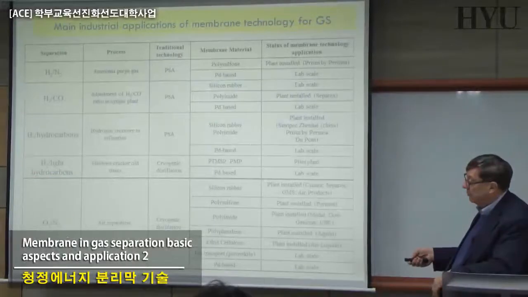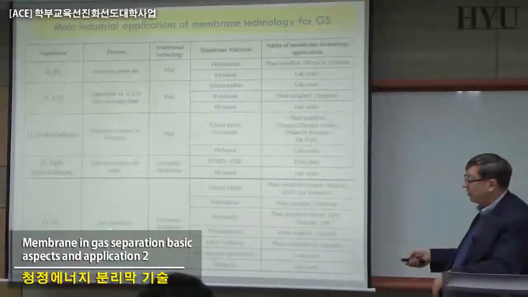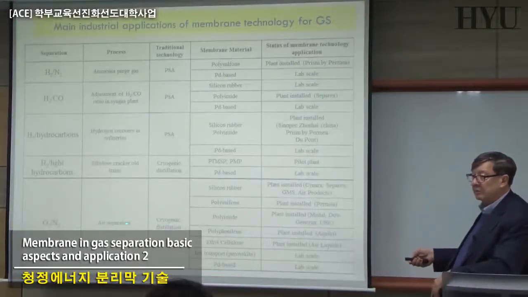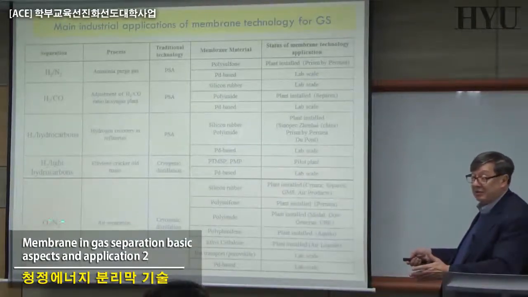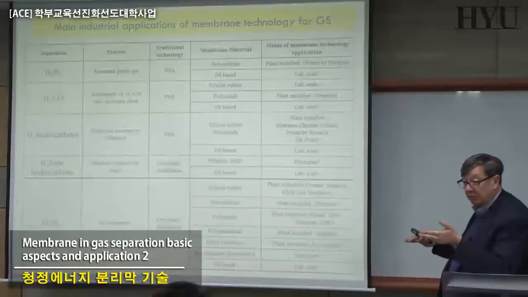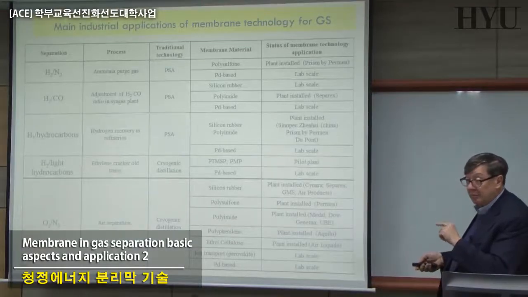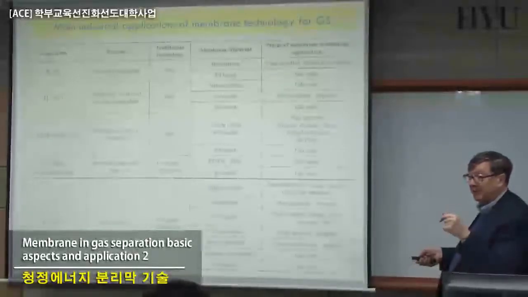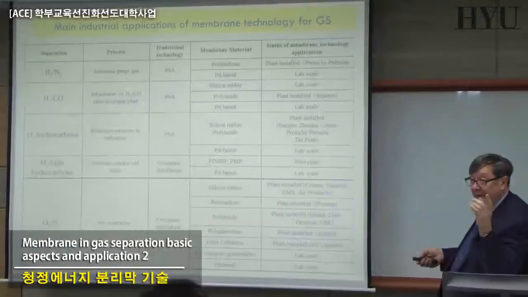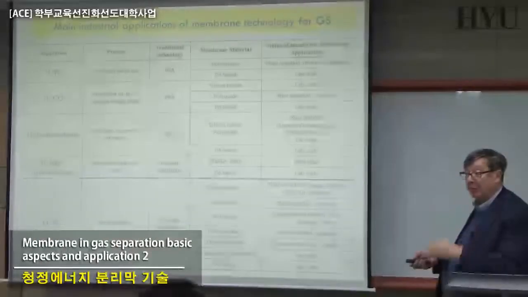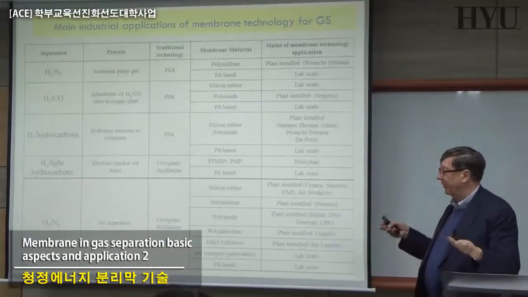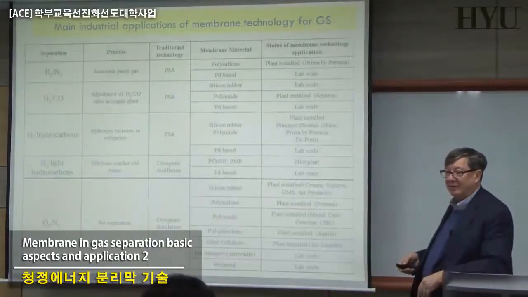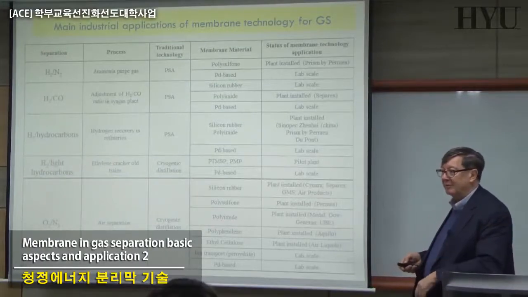Hydrogen and light hydrocarbons, and hydrogen nitrogen separation, is another quite interesting case. This one is standard in the hospital, because people sometimes need oxygen, but not only. Because today, I probably already mentioned, if you go to China and take a train going up to Tibet, at 5,000 meters, a lot of people have a problem with the lack of oxygen in the air.